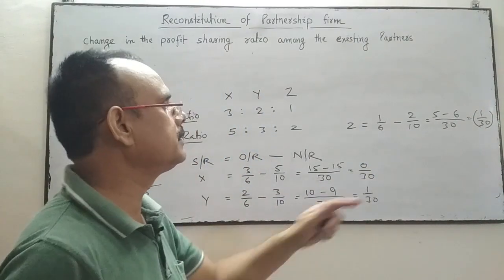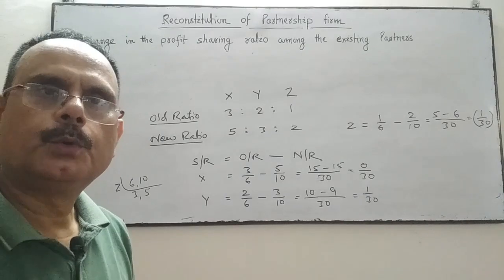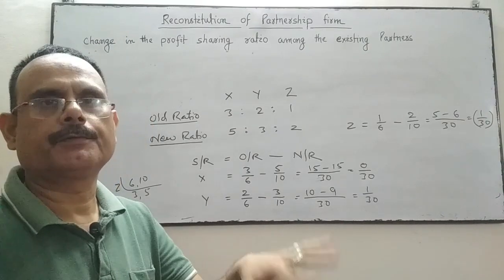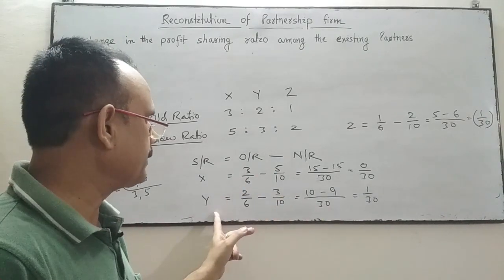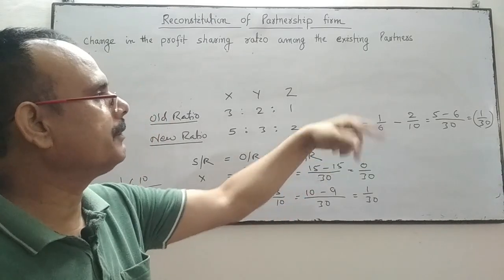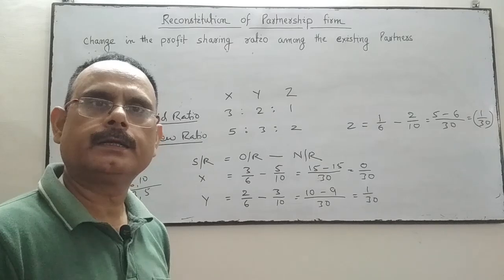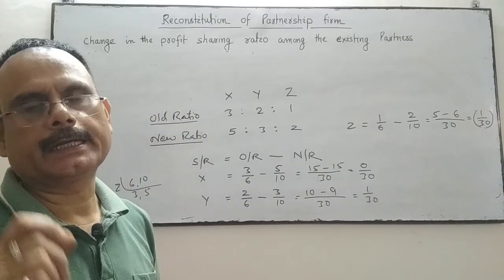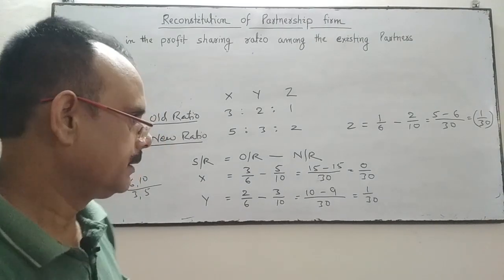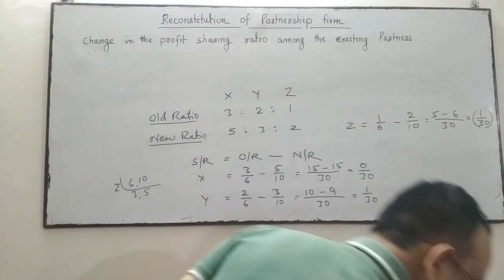So we find out who has sacrificed in favor of whom. Y sacrificed in favor of Z, whereas X is neither the gainer nor the loser. Take another example.